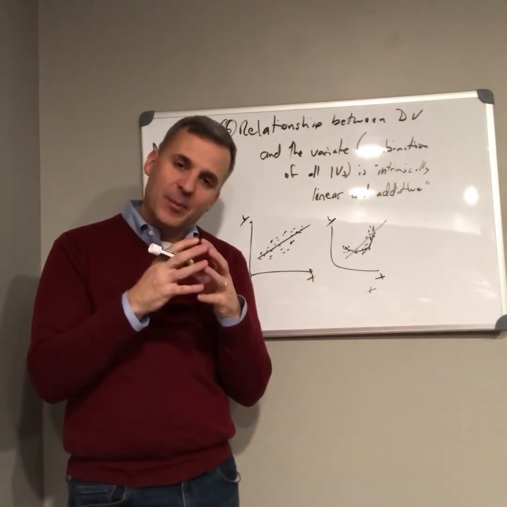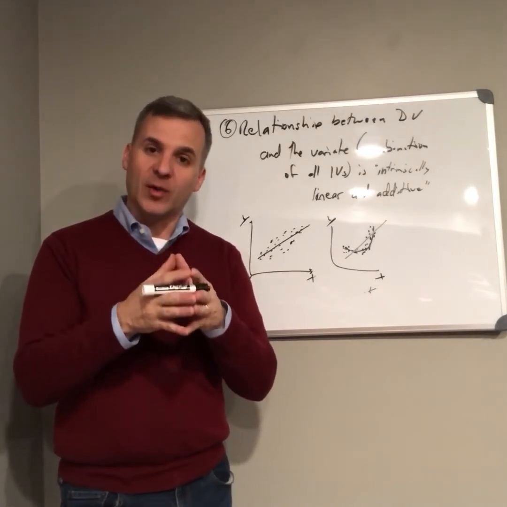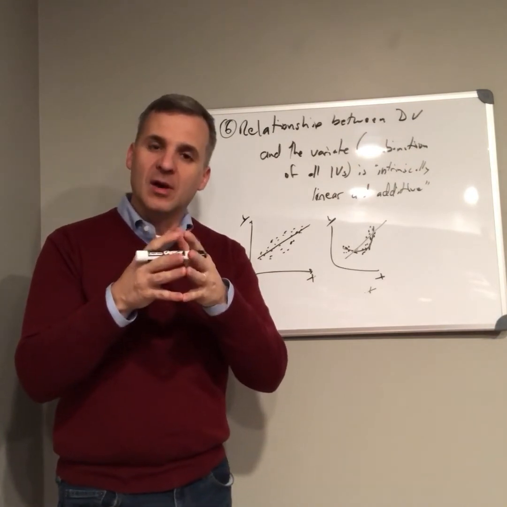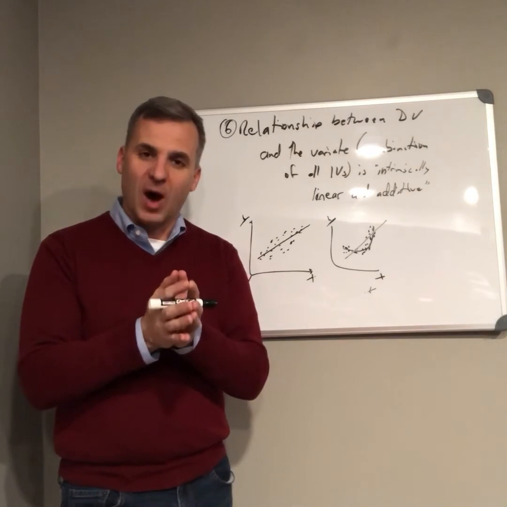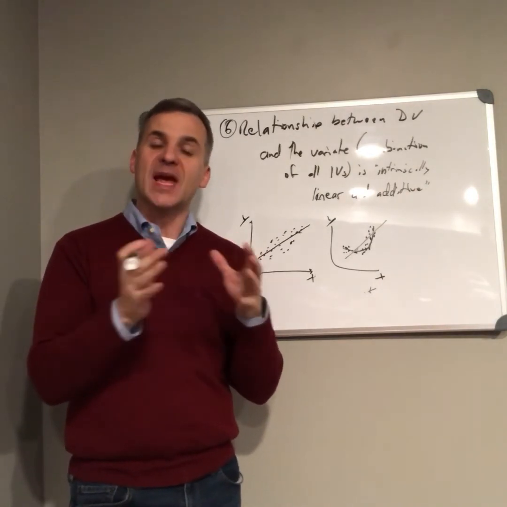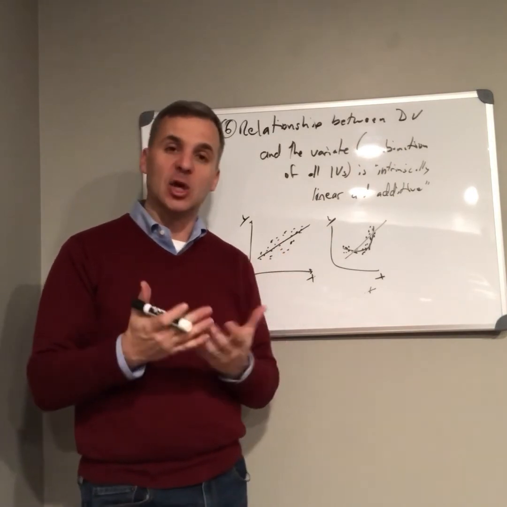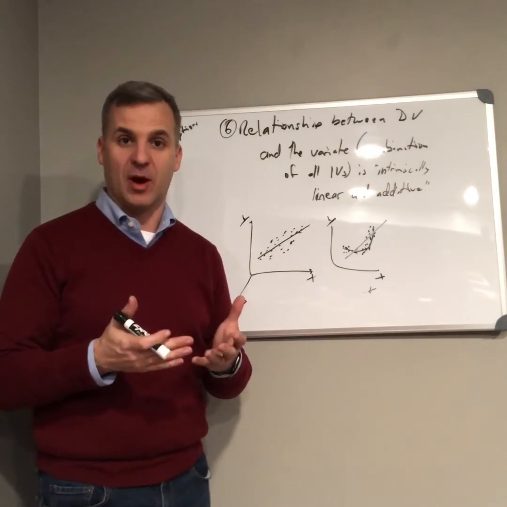Well, the same thing can happen in prediction error. If the amount of prediction error is non-random, if it's related to the value of y, and the prediction error changes depending on the value of y, then you don't have a linear relationship among all the expected values of y, and that's going to be a problem.